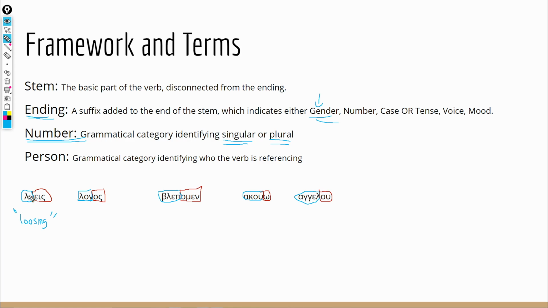So you say, okay, this means loosing, and I know because of my great memorization work, and I'm an excellent Greek scholar, that you get to look at this and say, well, this is second person singular, right? So therefore, how do you say loosing in second person singular? You say you are, right? This is something you are doing. And when I say you, I don't mean more than one. I mean just you. You are loosing, right? So that's how we would translate that.